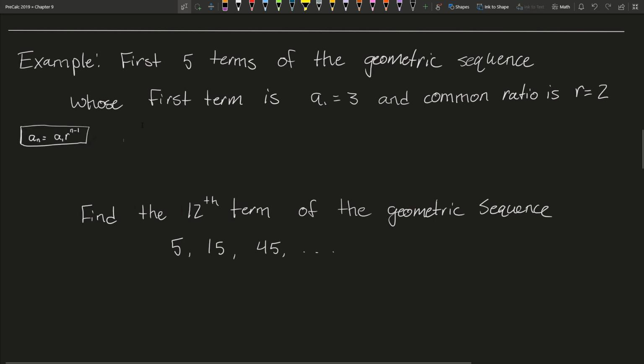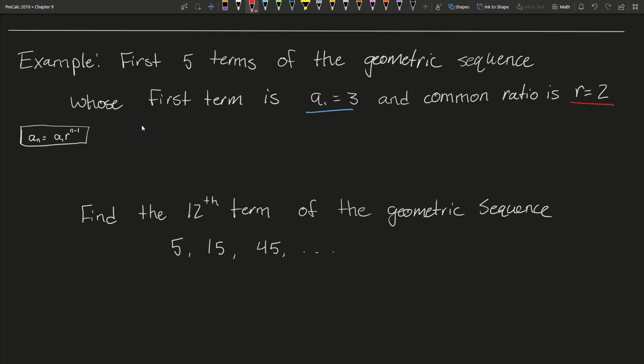And we know that a geometric sequence is just multiplying something by the same term over and over again in order to get different terms of our equation. Okay, so in the first example, it says find the first 5 terms of the geometric sequence whose first term is 3 and whose common ratio is 2. Okay, so this gives us the most important pieces of a geometric sequence, right? Our first term and our common ratio.